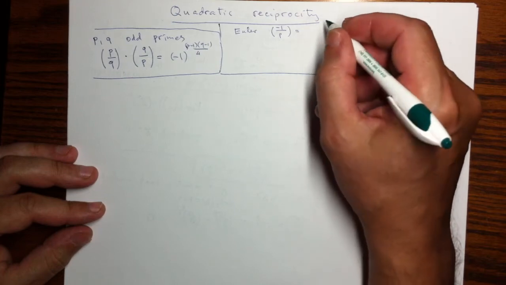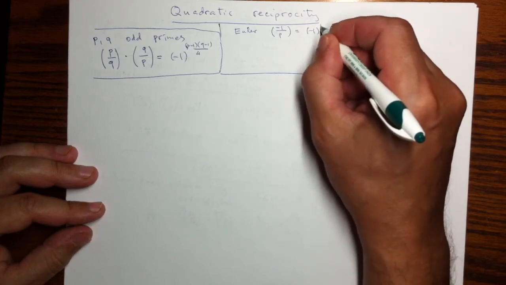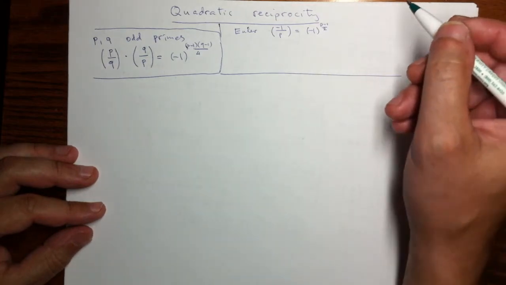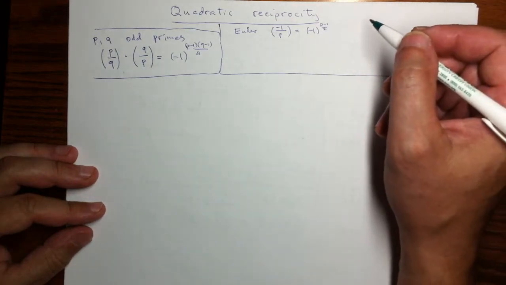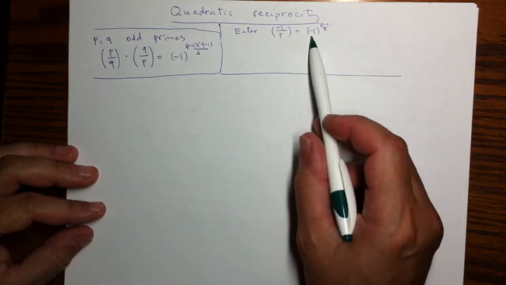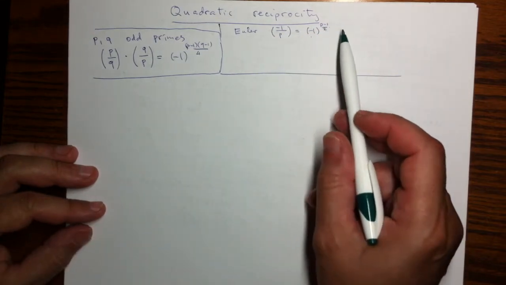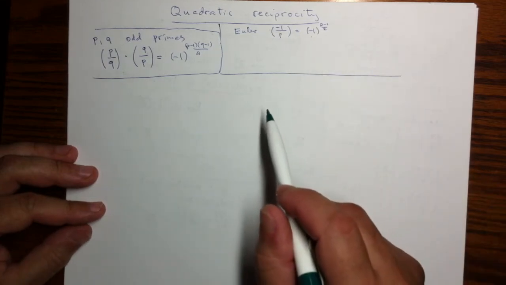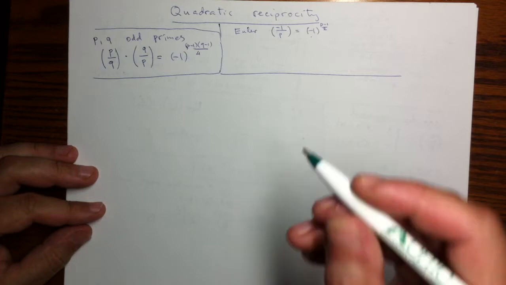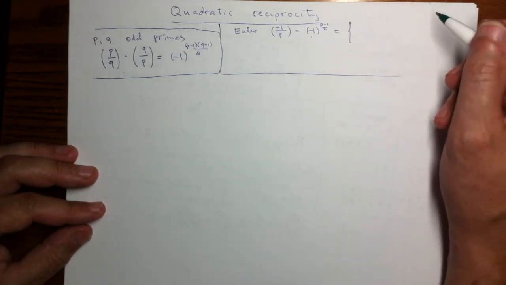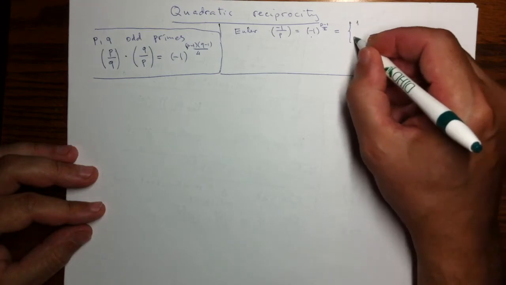So Euler says that you just take the number and compute its power (p minus 1)/2, and then take the remainder modulo p, and that will be your Legendre symbol. Well, -1 to any power will be plus or minus 1, so it will already be its remainder, its Legendre symbol. And we can really see when it is 1 and when it is -1.